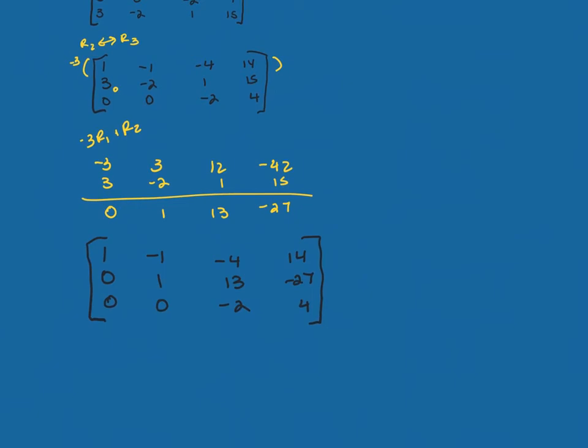And for row echelon, I just have one more step, which is to get this to be a 1. How do I do that? Can I use any other row? No, right? I'll lose the zeros. So what do I multiply negative 2 by to get it to be 1? Negative a half.